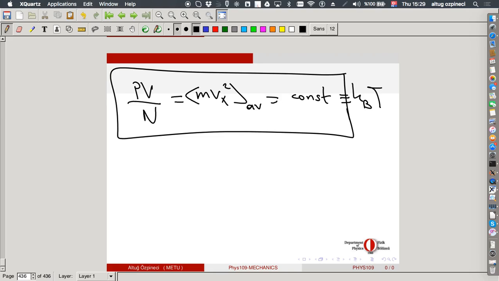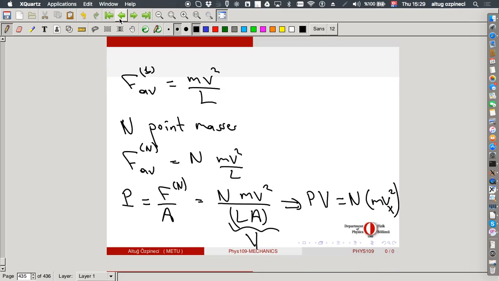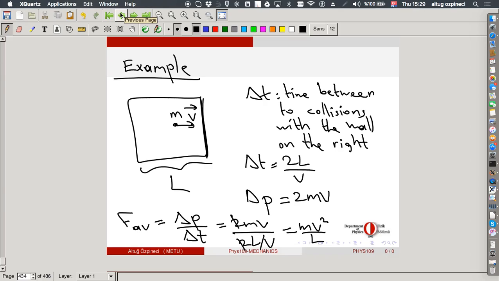When we are calculating the average force, we divided delta P over delta T. Yes? In that I think that delta P is happening in a collision time, but delta T is not the collision time.